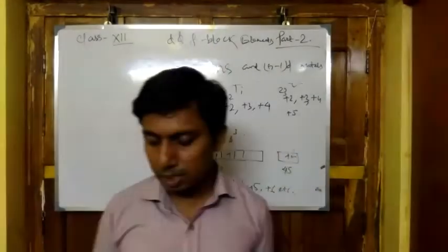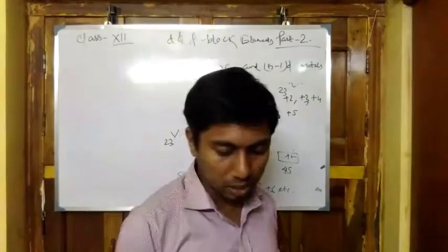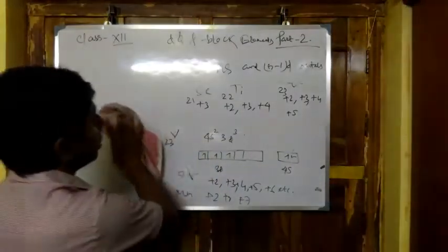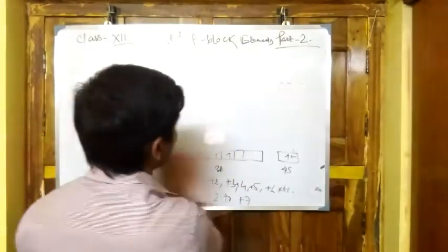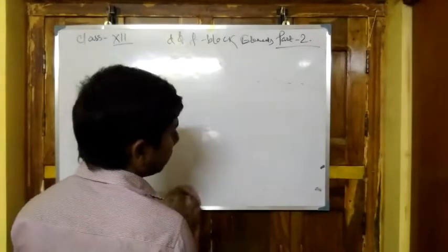Next is the property of magnetism. Now we know the electronic distribution of the elements.